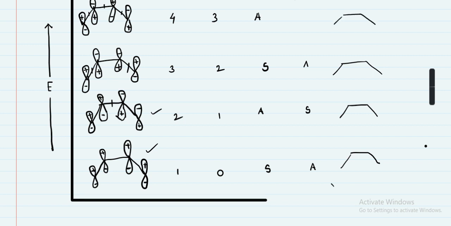Among these, half should be the bonding molecular orbitals and half should be the anti-bonding molecular orbitals.